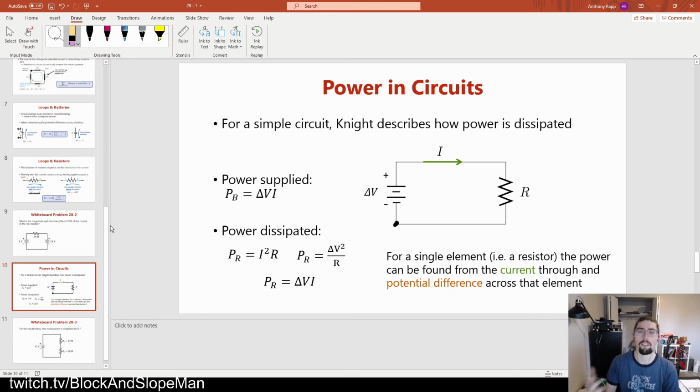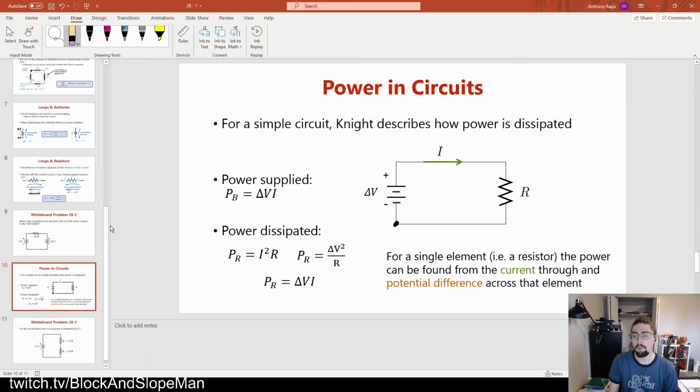We keep using this language. So now here we are trying to really formalize, how do you actually describe power in a circuit? Well, I think we all generally know that the battery is the one supplying that power. That's the source of the energy in the first place. But what happens to the rest of it?